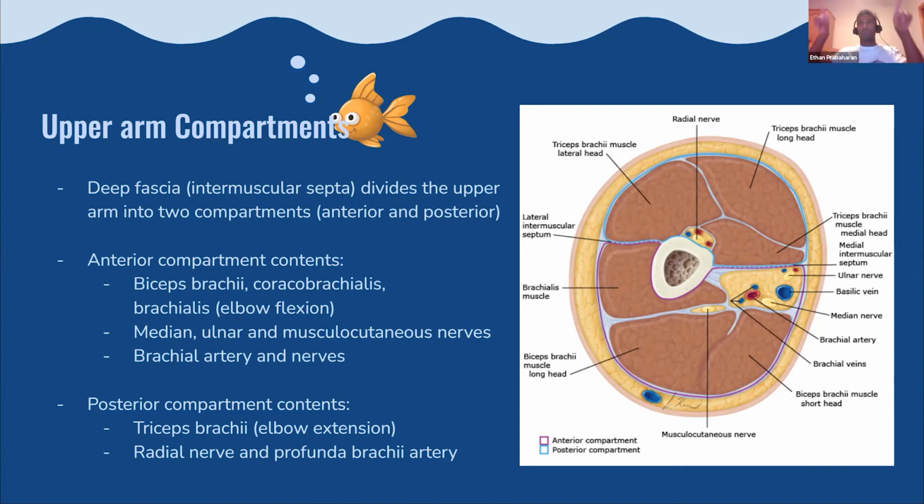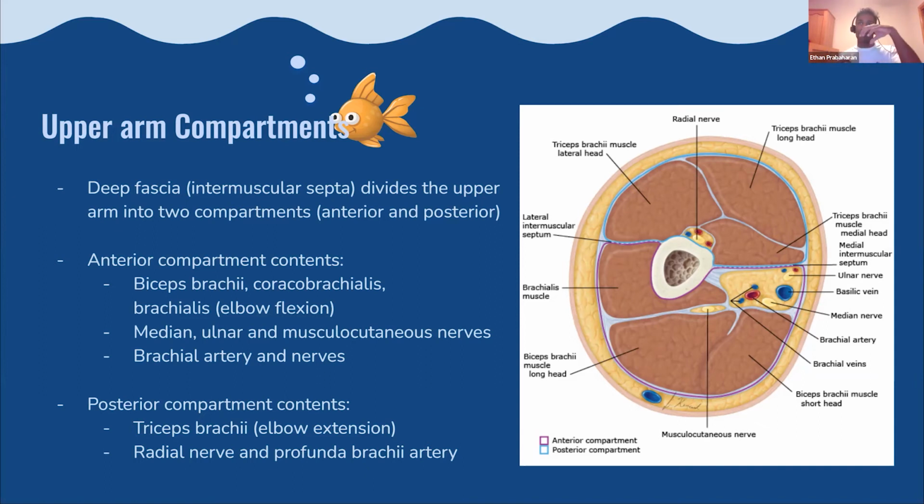Okay, so our superficial fascia is sort of a big encasing structure, where our deeper fascia divides up our superficial fascia into what we call compartments. And compartments are really cool. We see them in the upper limb and the lower limb. And basically, your deep fascia connects your superficial fascia to the humerus, and that forms in your upper arm an anterior compartment, so lying towards the forward part of your body, and a posterior compartment.